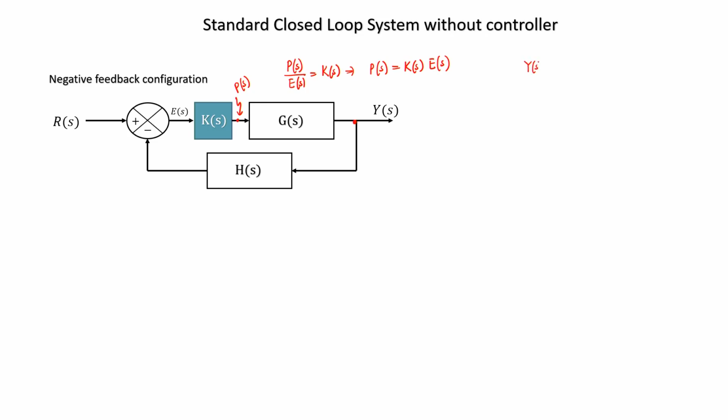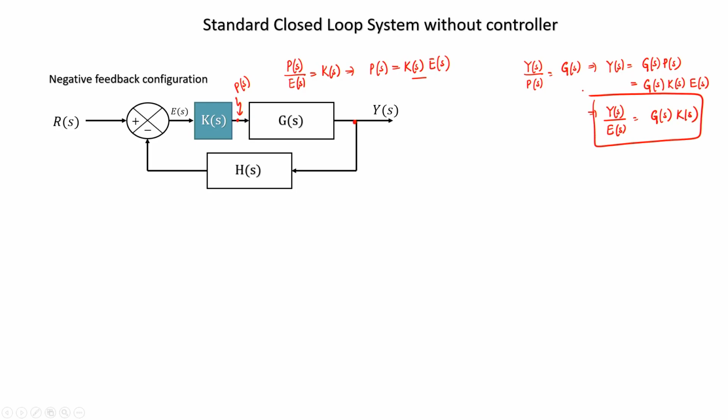Ys by Ps is nothing but Gs, and from here we can have Ys equal to Gs into Ps. But from the previous expression, we know that Ps is nothing but Ks into Es. So, therefore, Ys by Es will be equal to Gs into Ks, right. So, this is the overall transfer function of the system.